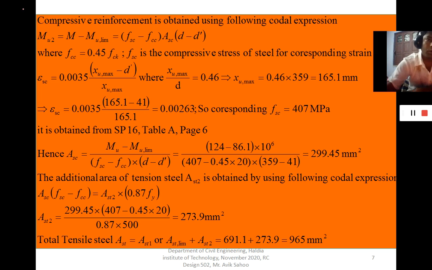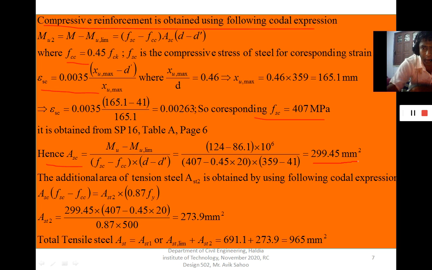So compressive reinforcement is obtained using the following codal expression. FCC is this, that we already explained. Epsilon SC is this, so corresponding FSC 407 MPa. Now the ASC is how much?